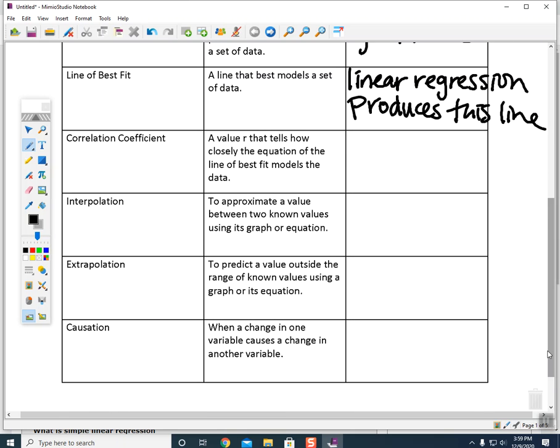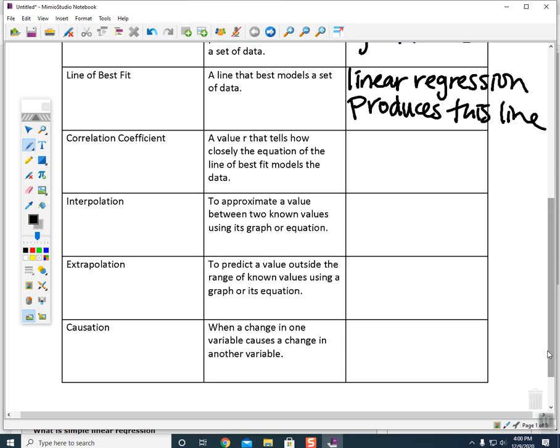Okay, so next we're talking about the correlation coefficient. We talked about how graphs can have strong or weak correlation. And so our correlation coefficient is an R value, is what we call it, and it tells us how closely the equation of a line of best fit models the data.